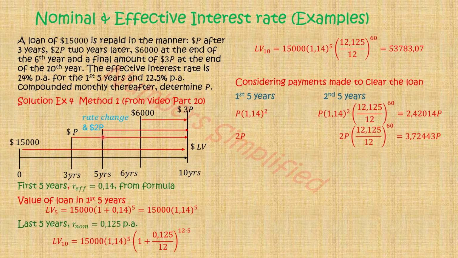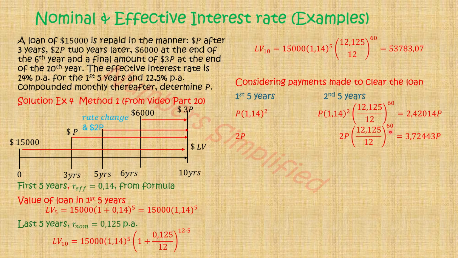This was 2p right on the dot at the end of 5 years. So implying that this did not accrue interest in the first 5 years because it was made at the end of 5 years. And that is being carried over to the second 5 years, or the last 5 years. And in the last 5 years, that is going to accrue interest in all of the 5 years.